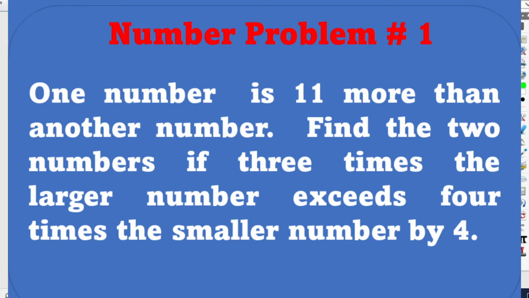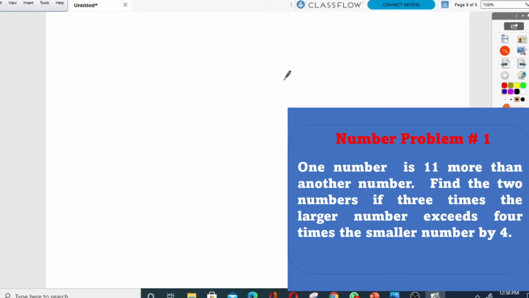Okay, in solving this kind of number relation problem, the number one tip is you should assign a variable and name that variable. In naming a given variable, the name of the variable should be related or associated with the given problem.